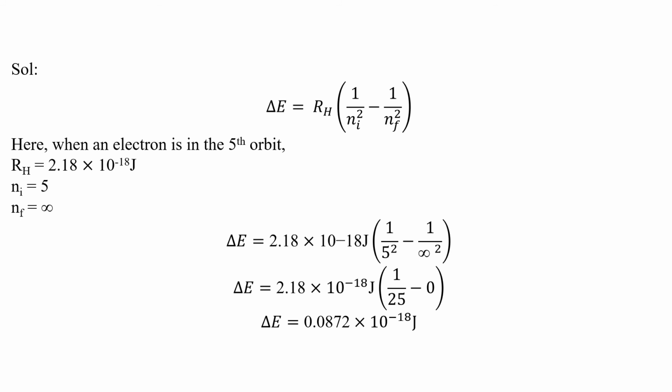This gives you the difference between the energies of the fifth orbit and the orbit at infinity, and this is also equal to the energy absorbed by the electron when it moves from the fifth orbit to the nth orbit, which is at infinity. Clear?